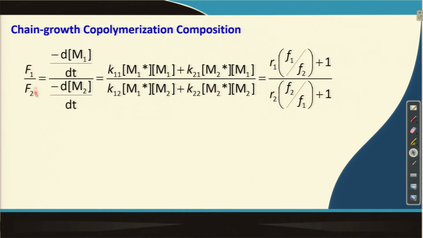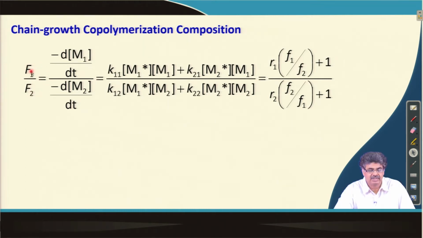So, this is the expression. As shown on the last page, F1 by F2 is given by the ratio of the rate of disappearance of M1, disappearance meaning it is getting into the polymer chain, divided by the rate of disappearance of M2.